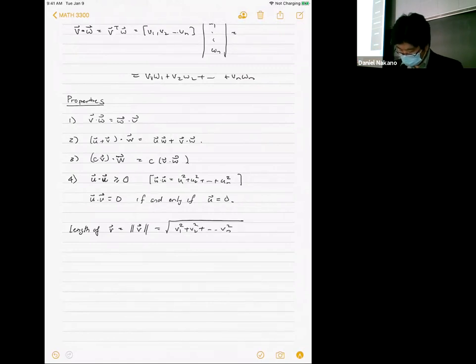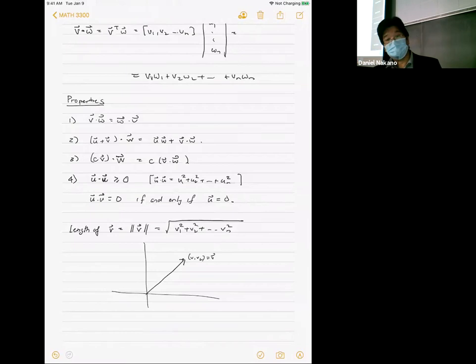The idea is that if I have a vector with components V1 and V2, using the distance formula, the length of V is the length from the origin to the tip, when you think of the vector as a point in Euclidean space.